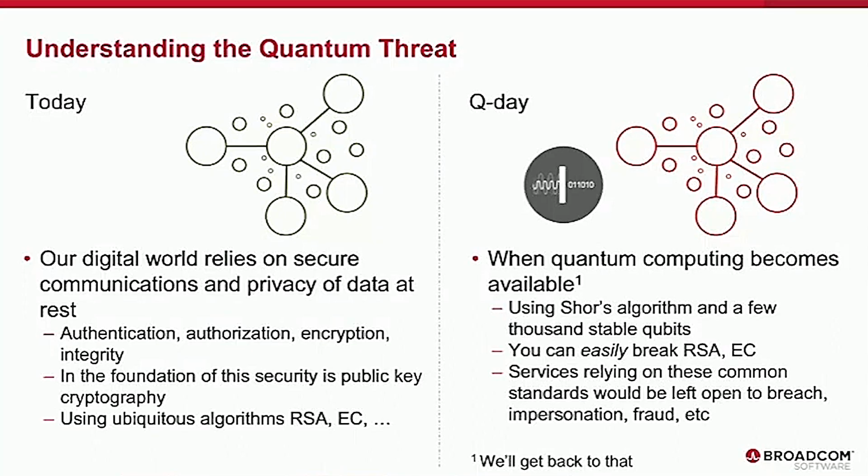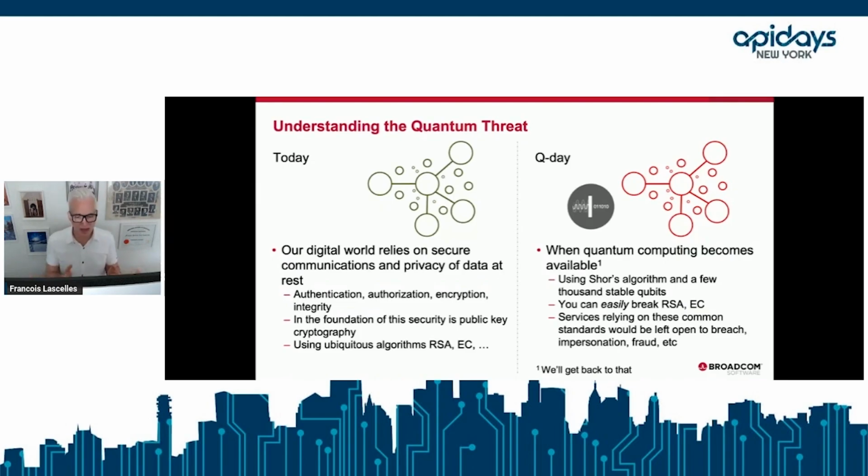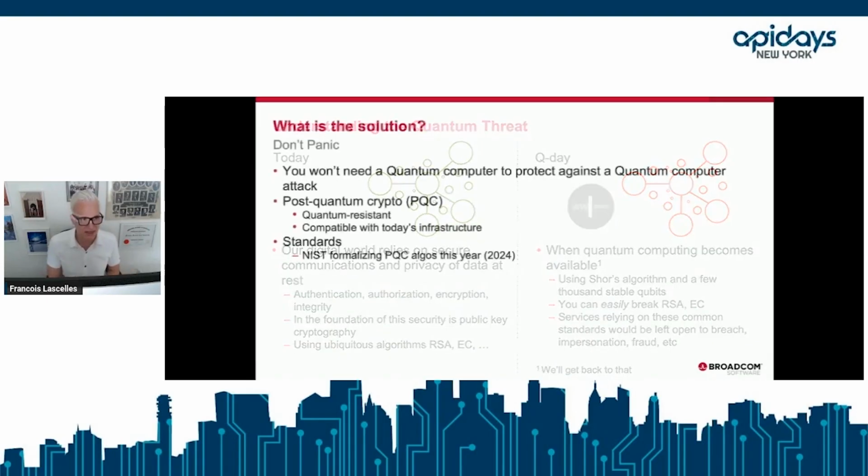You can break public key cryptography the way that it's used right now. So everything relying on these common standards, which is everything digital today, would be left open to a breach, to impersonation, to fraud, and a whole bunch of different problems. So that's what the quantum threat is.